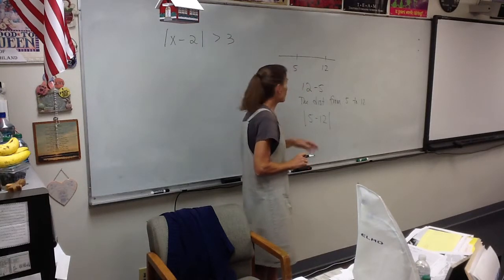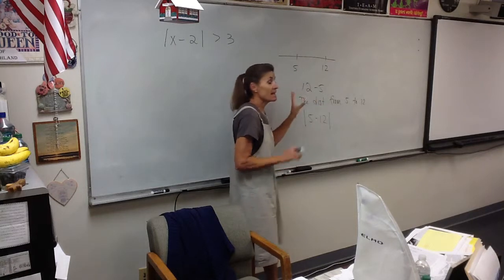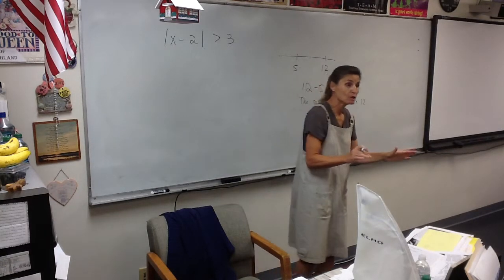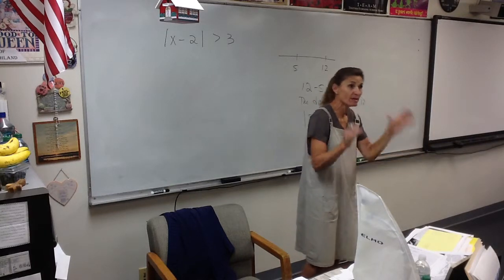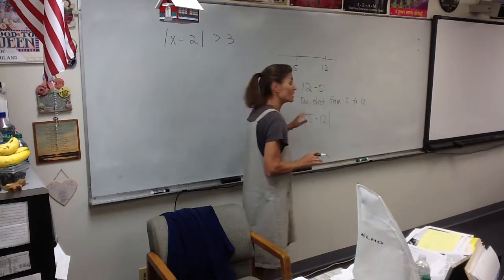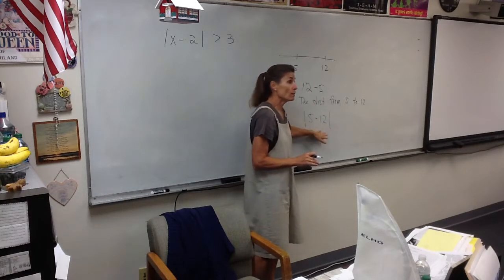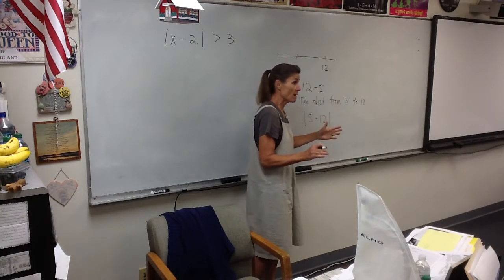Yeah. So when I do a distance, it has to be positive, right? If I say how far is it from home to school, you don't say negative 18 miles, right? It's a positive number. So to guarantee that our distance will always be positive, we can put it in absolute value. Then it will always be positive, right?